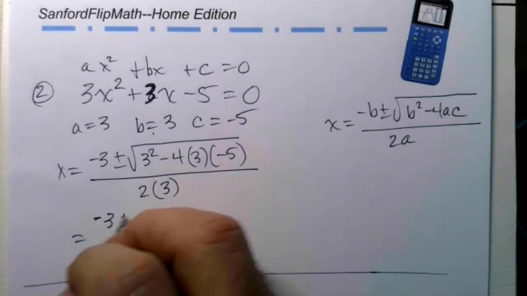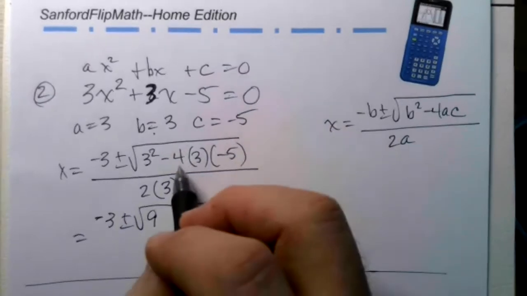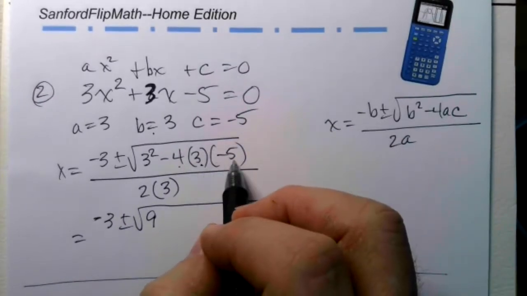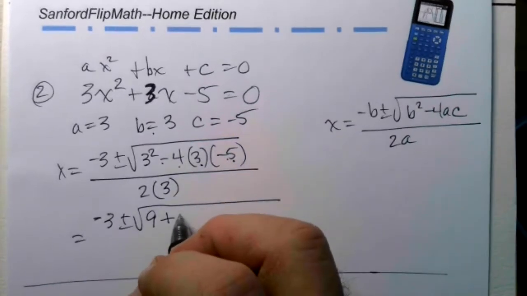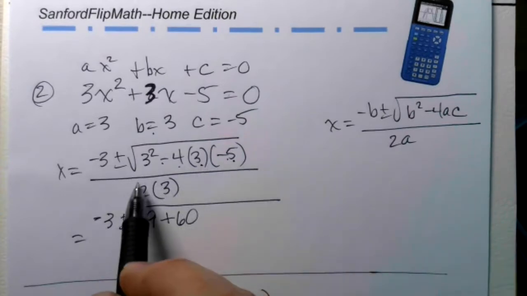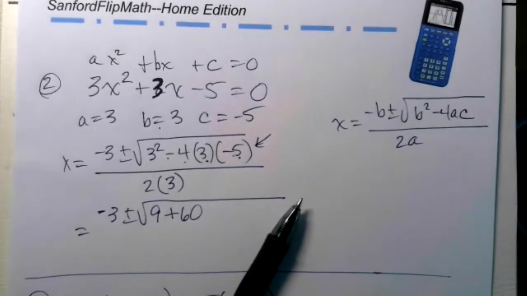Negative 3 plus or minus the square root of, well, 3 squared is 9. 4 times 3 is 12. 12 times 5 is 60. This is technically a negative times a negative. It's really plus 60. So I need you to think about that. This is one of those spots that is super easy to make mistakes.